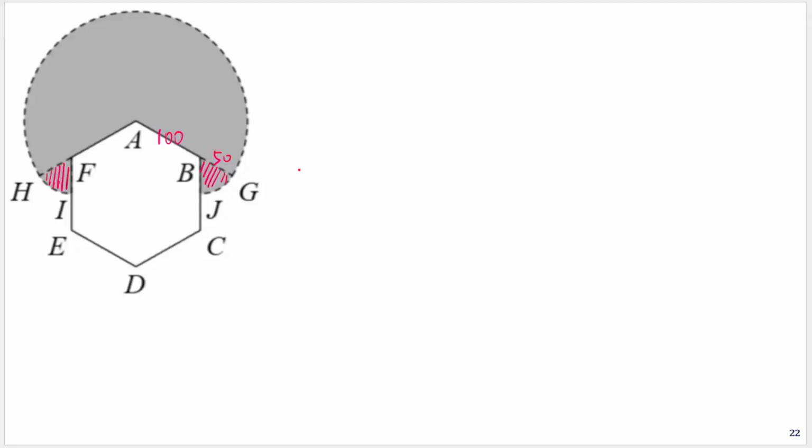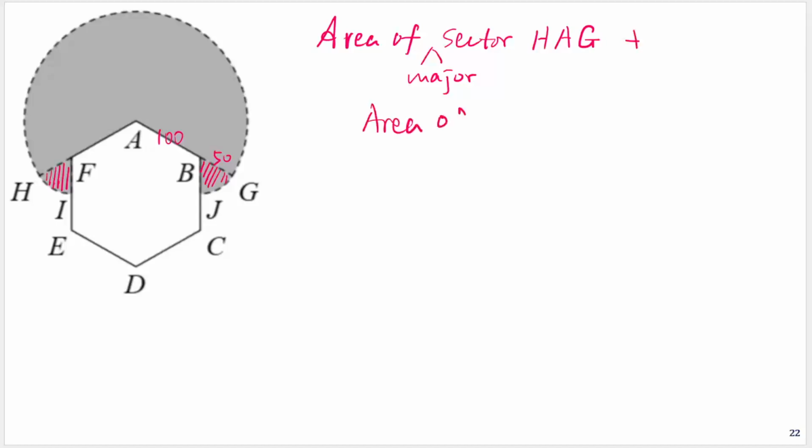Thus, our desired area is actually the area of major sector HAG plus the area of sector JBG plus the area of sector HFI.